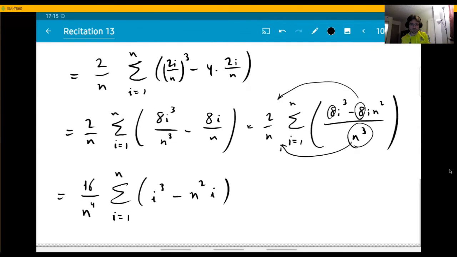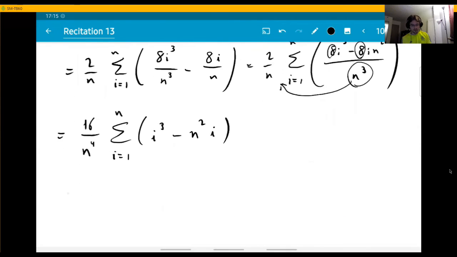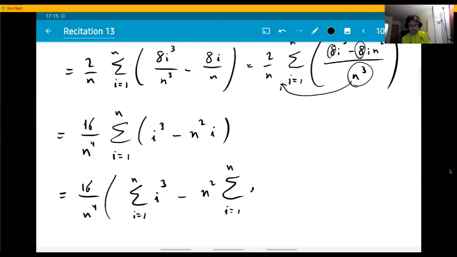How do we calculate this sum? Well, you can split it into two separate sums: the sum of i cubed and the sum of n squared times i, where the n squared can be written outside of the sum. All of this is using the properties that I just mentioned before, involving sigma notation.